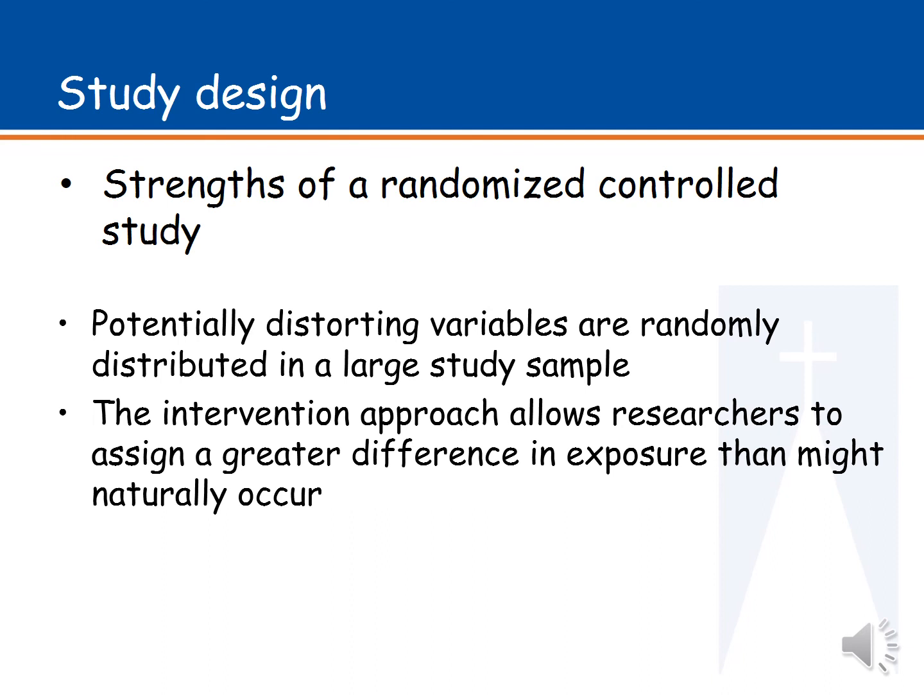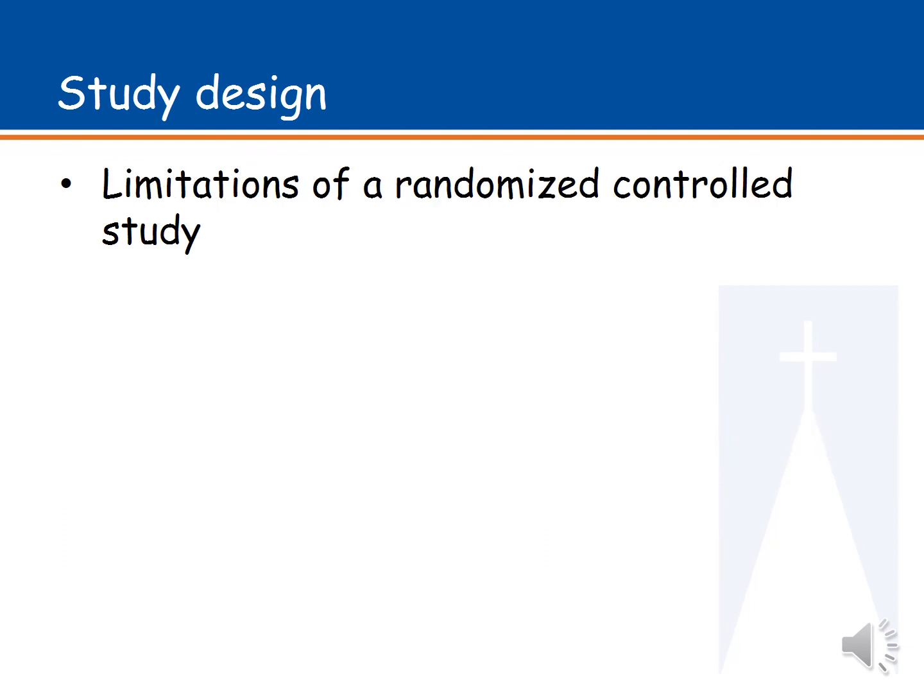Now, this could be a negative, particularly if it causes a negative consequence, but usually this is done when there's a belief that people in the population are not getting the intake that they need to meet their needs in terms of health.